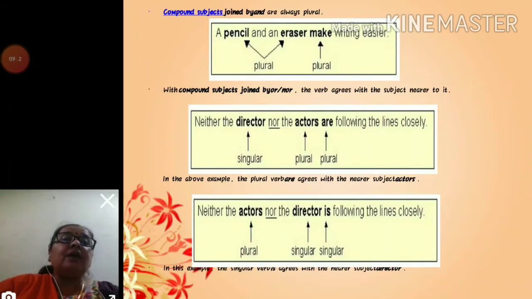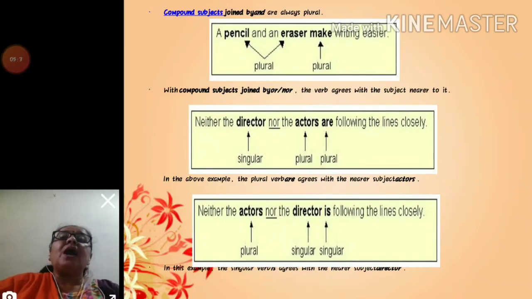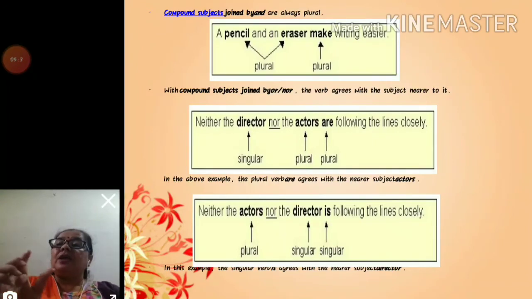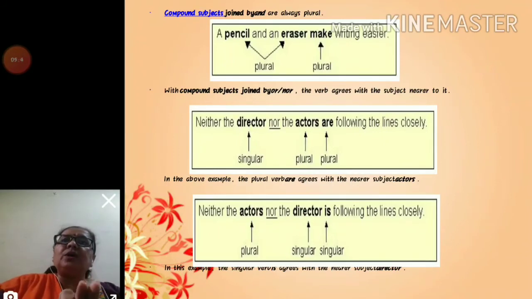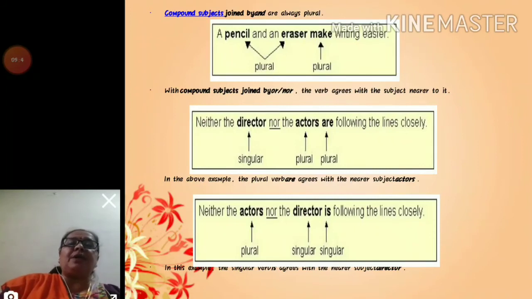But when the compound subjects are joined by or, nor, then the verb agrees with the nearer subject. Like neither the director nor the actors. Now see, actors is near to the verb are. So actors is plural, so it became are. So that is why it took a plural verb.